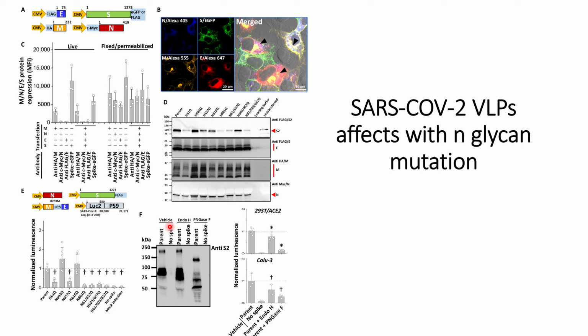When they did it with the control, they did not see any signal for the non-spike injection. When they treated it with EndoH, they found a slight broadening of the signal.